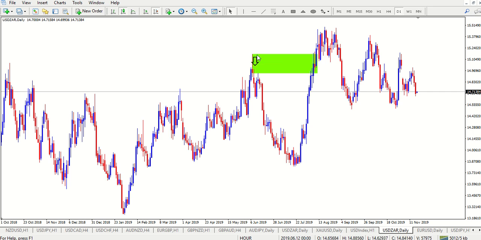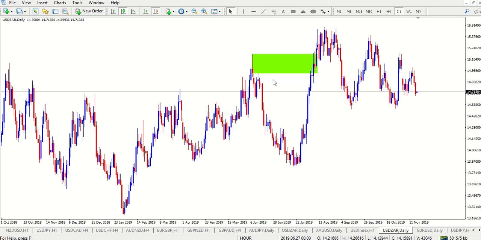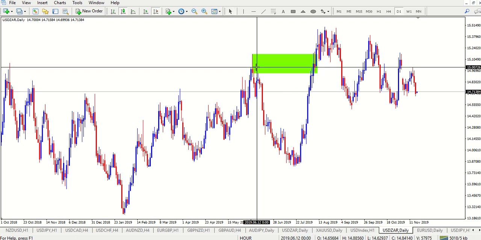Because when zones like this actually pop up, and price does not come back within the specified time, then you can't trade that particular trade. And in this case, you would have actually stayed out of this trade because look here, price broke out here, and when it came back into the zone, it was 40 days later already.